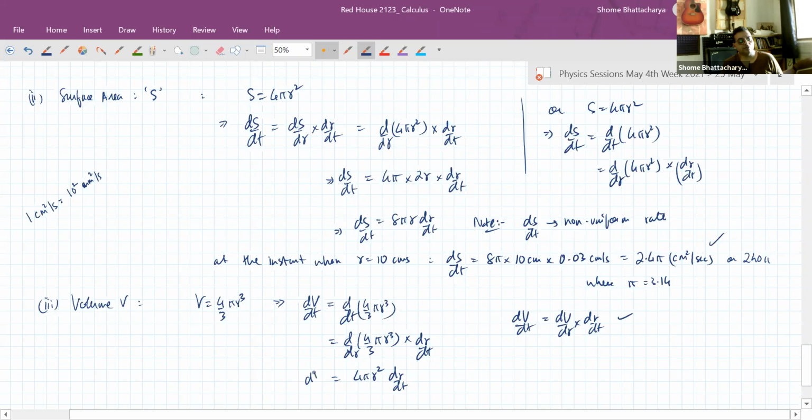So this is a general formula of how the volume is changing with respect to time in terms of dr by dt. Here also we can notice that it's a non-uniform rate. Again we have to calculate this at the instant when r is equal to 10 centimeters.